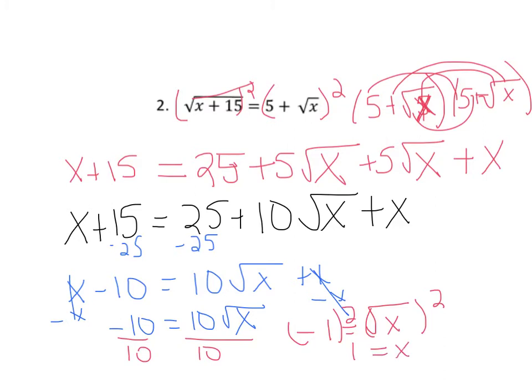My next thing I want to do is check my answer. When checking your answer, we had negative 1, which equaled our square root of x, so our x just equaled 1. So to check our answer, we want to plug 1 back into our equation and see if it makes sense.